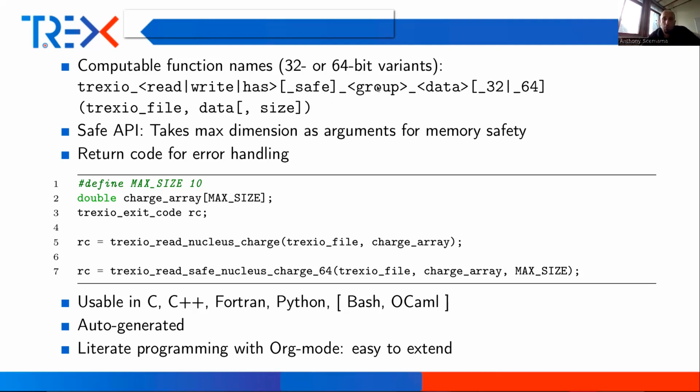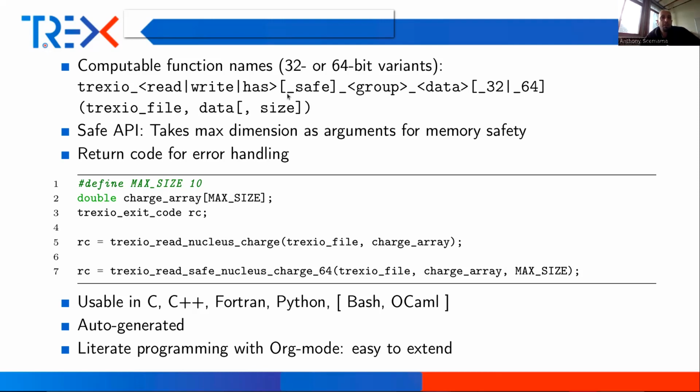Then you put the name of the group, and here the data you want to fetch, and then you can put 32 or 64. This 32/64 is because we have two variants. Sometimes you want to get 64-bit integers, sometimes you want to get 32-bit integers. So here you specify the type of the data that you pass to the function.